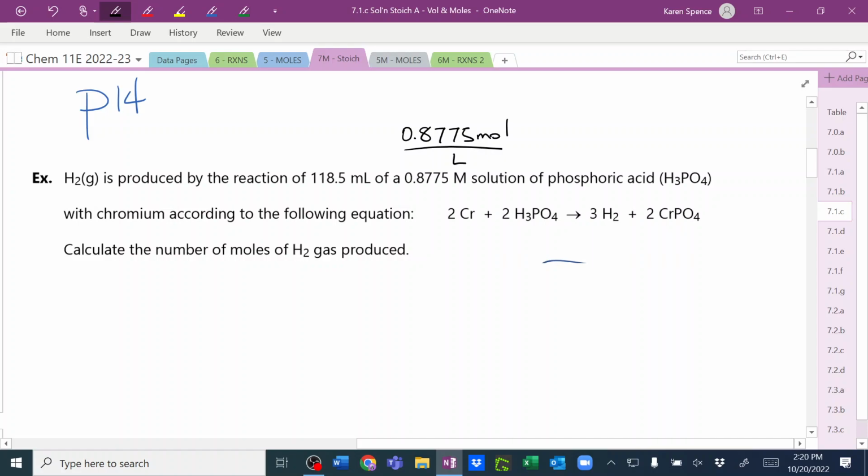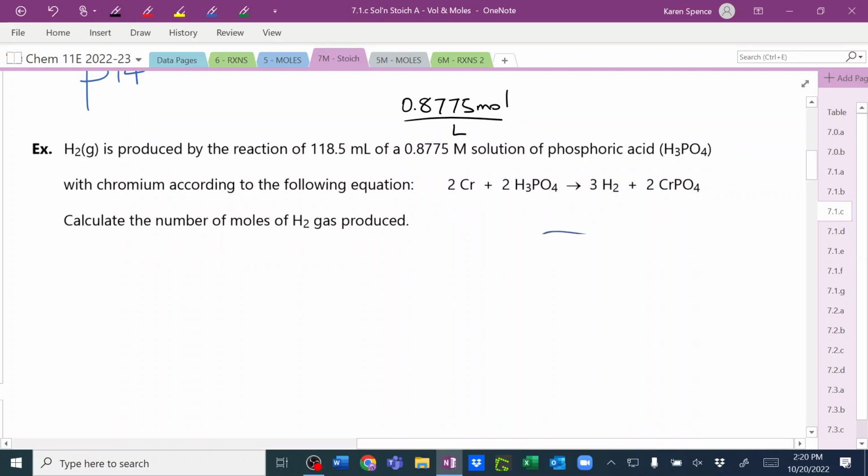Write it out with the moles on the top and the liters on the bottom. And it reacts with chromium. And the reason I gave you this reaction is because it looks a bit complicated, but now that I'm looking at it, I probably could have given it to you. What kind of reaction is that? It's a single replacement, so I could have just given you the reactants and expected you to, in theory, find the products. But here it is, and it's balanced. Isn't that lovely for us? So calculate the number of moles of H2 gas produced.